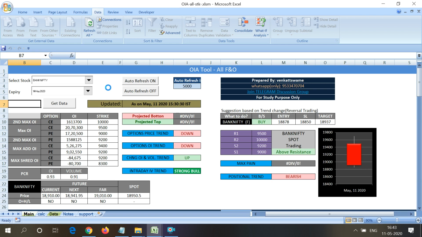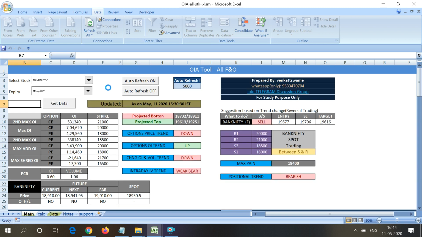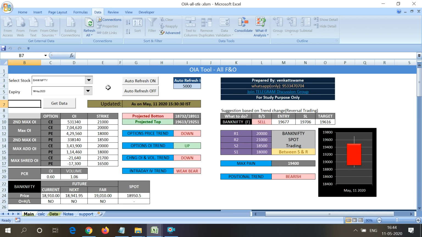So maybe the site was a little bit busy. They are uploading data to NSE India, so that's why it's taking some time. Anyway, it will take the data and analyze. It just takes 10 to 15 seconds. Yeah, almost finished, updated.